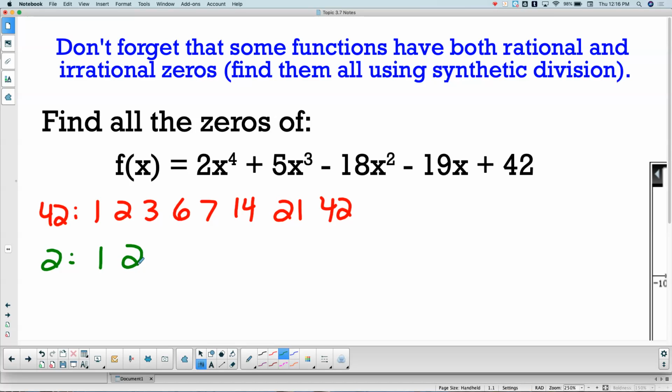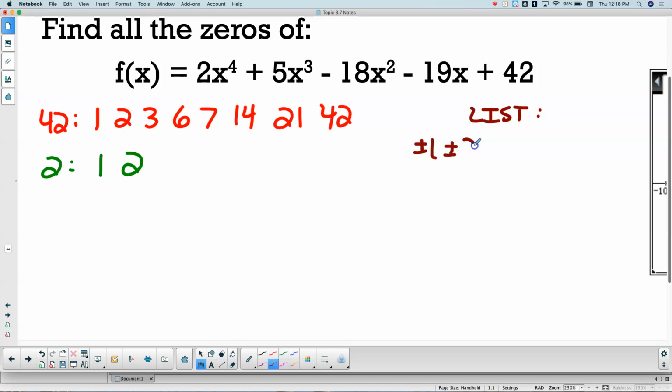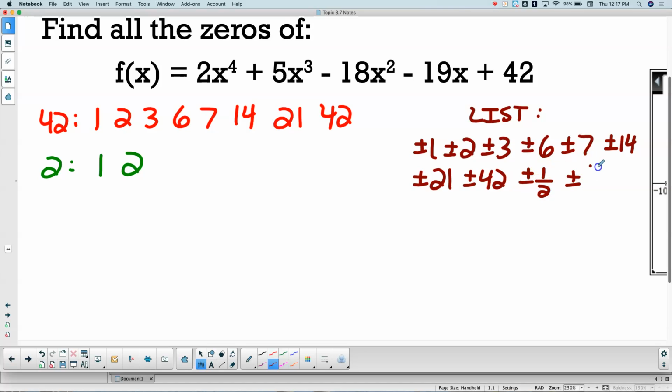So my list is 1, 2, 3, 6, 7, 14, 21, 42, and 1 half, 3 over 2, 3 halves, 7 over 2, 7 halves, 21 over 2. Agree.